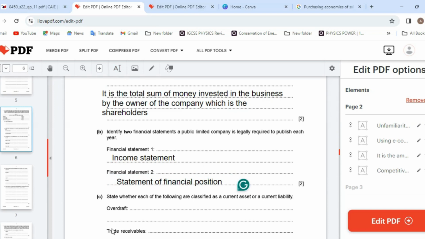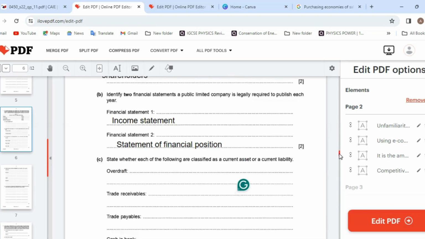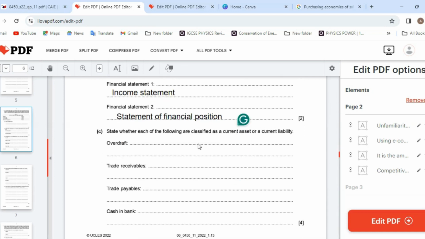Now here we have question 3C. State whether each of the following are classified as a current asset or a current liability. We have overdraft, trade receivables, trade payables, and cash in bank.